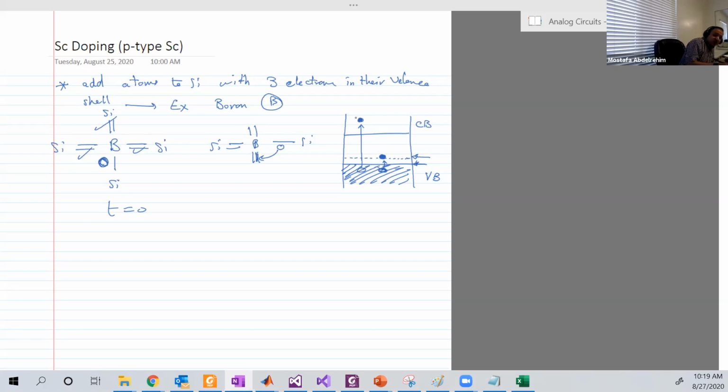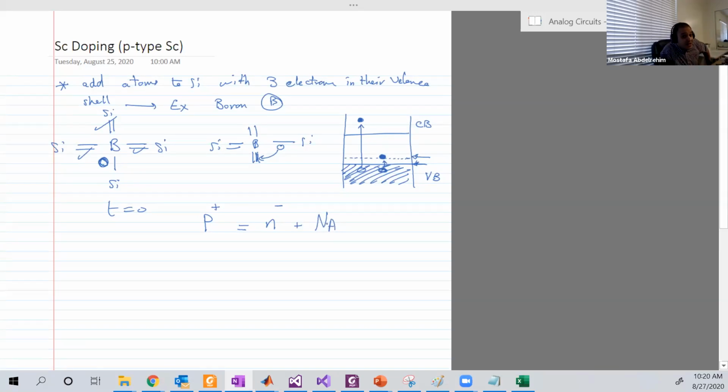What is the positive charge in this case? The positive charge is the holes. What are the negative charges here? We have the electrons, and we also have the boron atoms, which we will call acceptors.